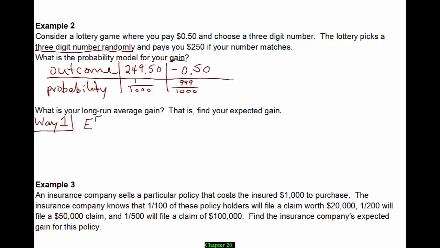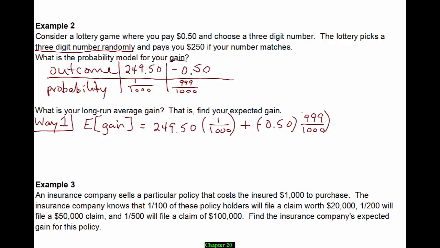your expected gain is $249.50 times the probability sitting under it, which is 1 out of 1,000, plus the next outcome times its probability, which is negative 50 cents, times 999 over 1,000, because that's the probability sitting under that outcome.